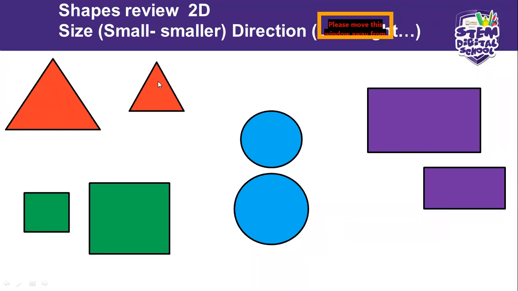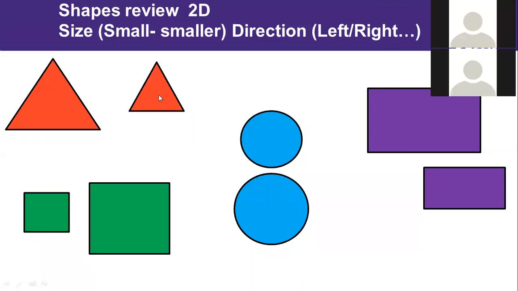Where is the position of the small triangle? Is it to the left or is it to the right? It is in the right. It's to the right. That's correct. Shiva, thank you very much. Okay. And then now let's see this shape. Okay.